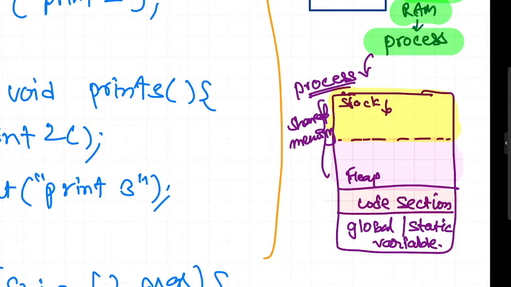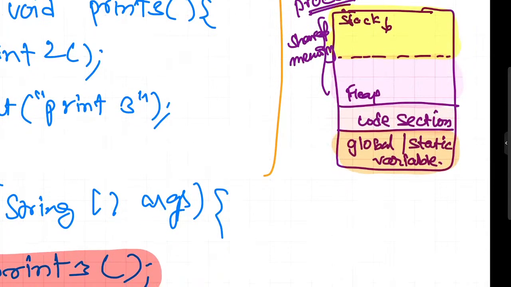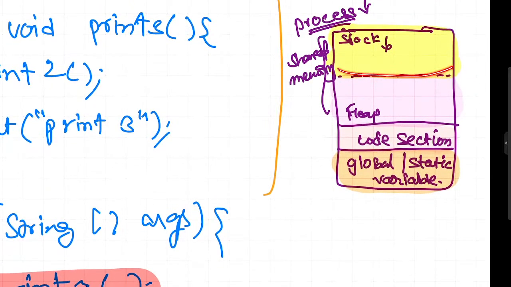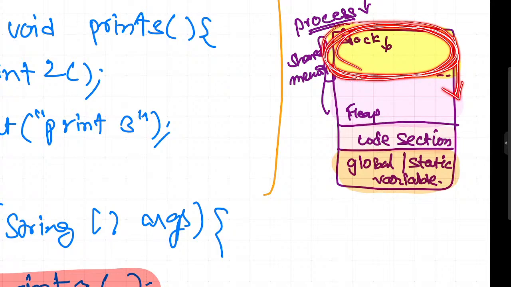Now I'm going to explain static and global later, but for now understand that all your static and global variables are going to reside in this particular area. Whenever JVM calls a function, for that function it will use this particular shared memory to store each and every function record, the activation record.